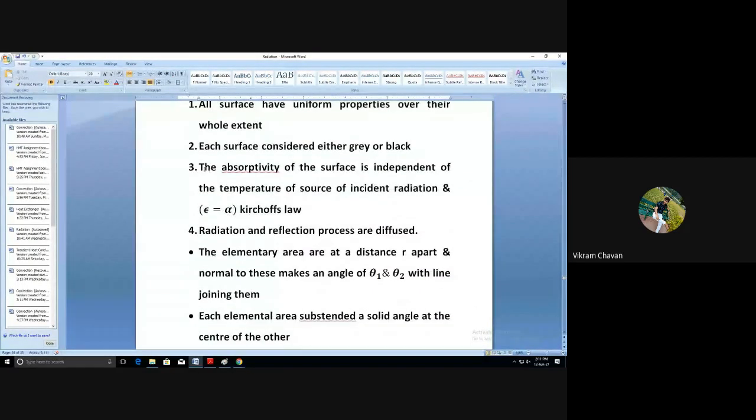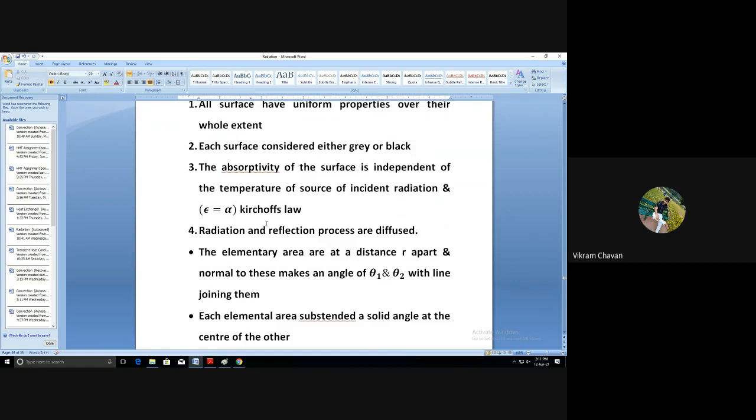The next assumption is that the absorbability of the surface is independent of the temperature of the source of incident radiation. What does it mean? If you consider that a body is absorbing some incident radiation, the absorbability of that particular body does not depend on the temperature of the source body.